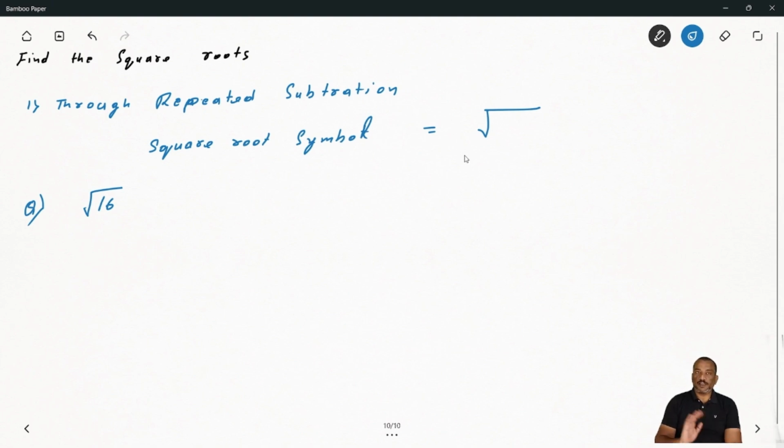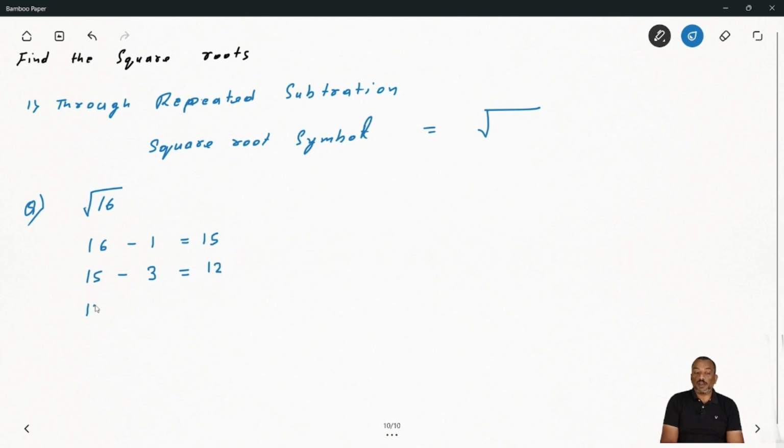A square of any number is a sum of consecutive odd numbers. So here we subtract 16 minus 1. How much will you get? 15. Now from 15 subtract the next consecutive odd number, 3, so you get 12.